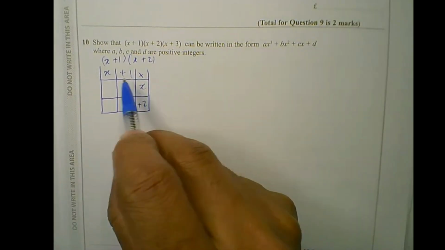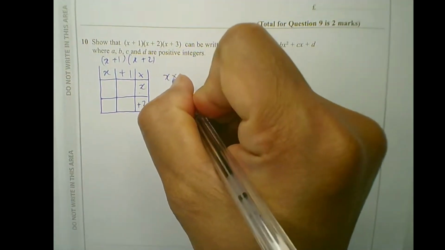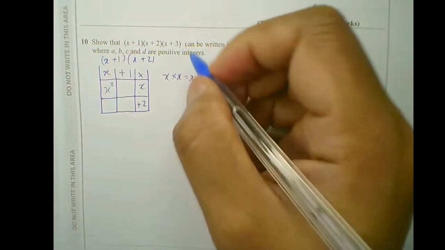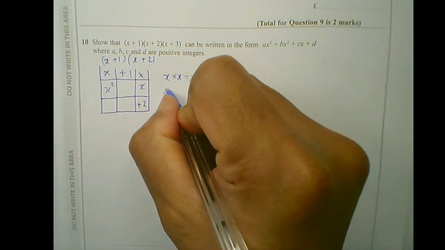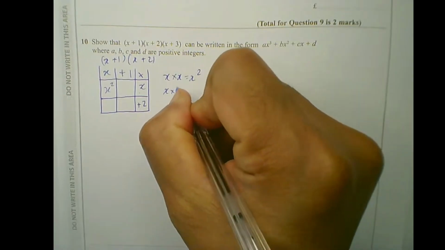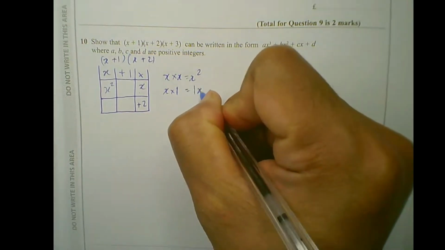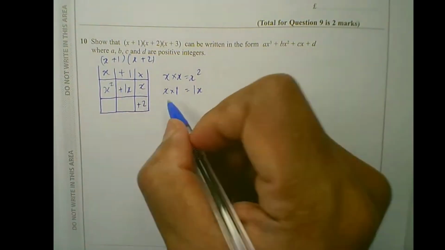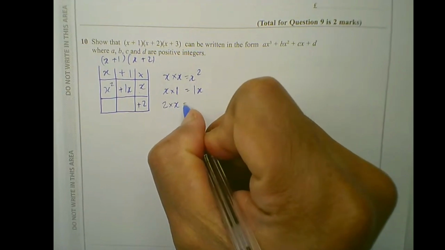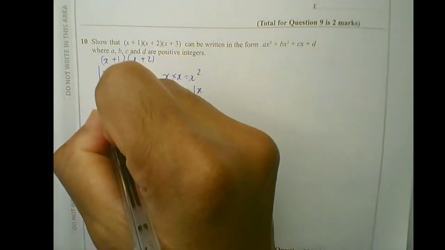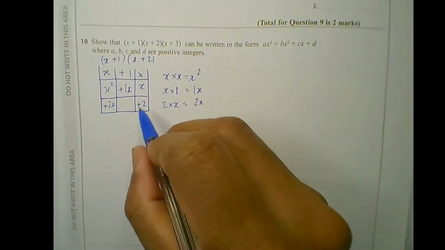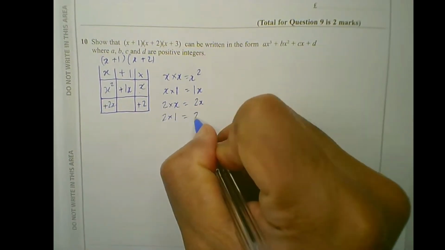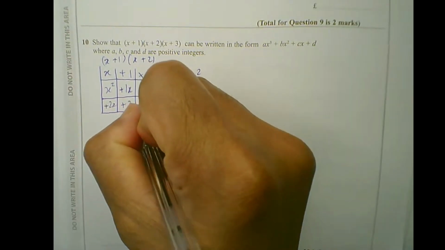So I've got x times x gives me x squared. I've got x times 1, I'll just do 1 for now, 1x. So it's plus 1x. 2 times x, which gives me 2x. So it's plus 2x. 2 times 1 gives me 2. So plus 2.